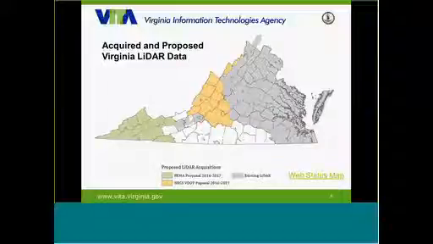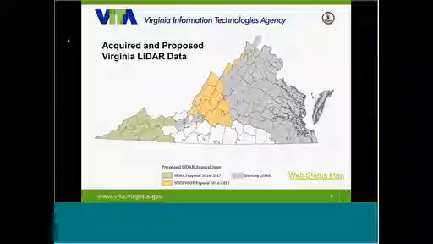So since 2010, there have been a number of projects funded primarily through the USGS 3DEP program, which has been a partnership with various federal agencies, some state agencies, and some local governments, and we've been able to acquire, or are in the process of acquiring, nearly 3/4 of the state.